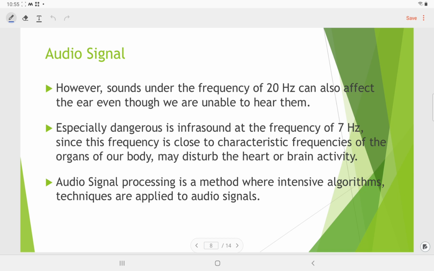It may disturb heart and brain activity because this frequency is very close to the characteristic frequency of these organs. Audio signal processing is a method where we study intensive algorithms and techniques applied to audio signals. We will also try to cover this in this course.